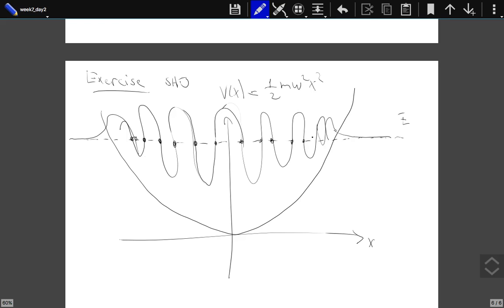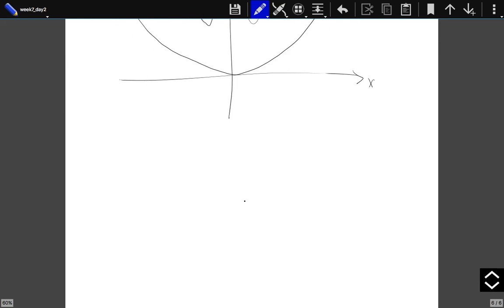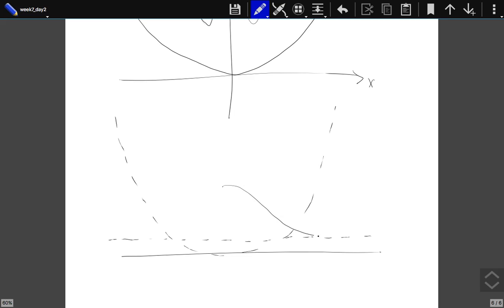The third excited has 3 nodes, etc. So if this is the ground state, the wave function has such a shape. The first excited state will basically have such a shape.